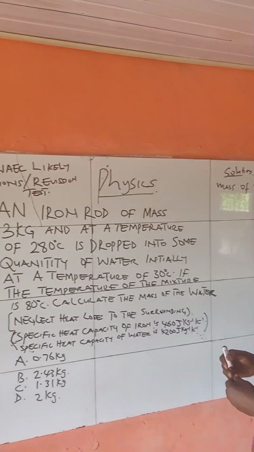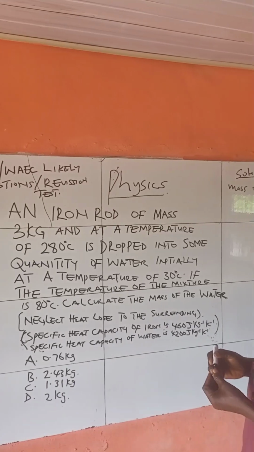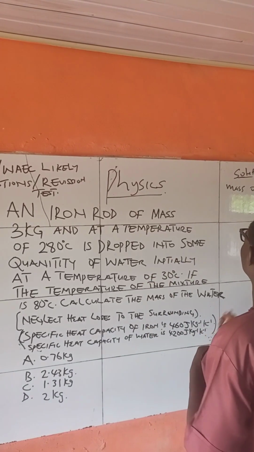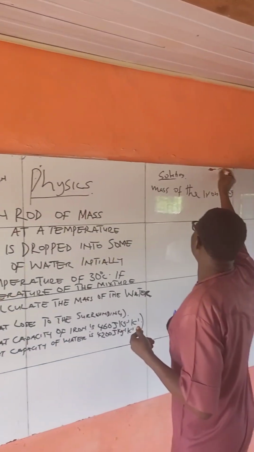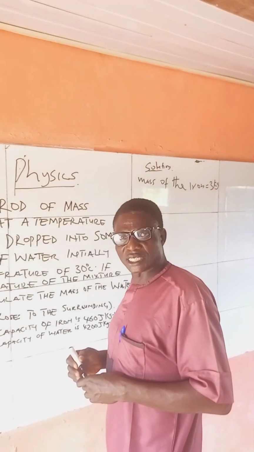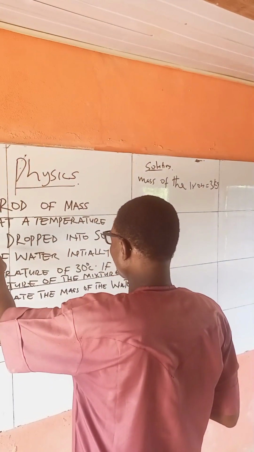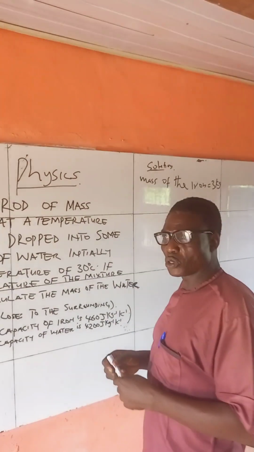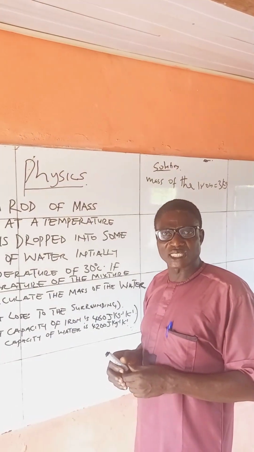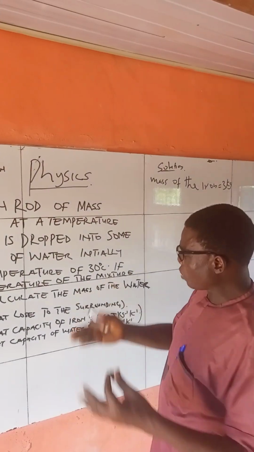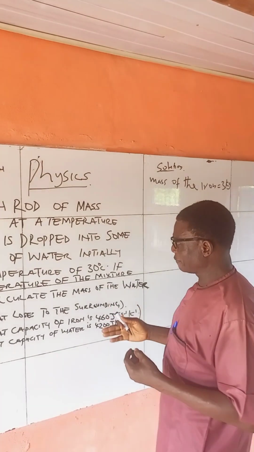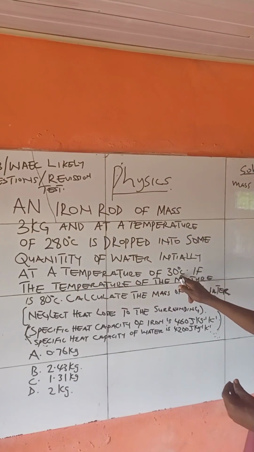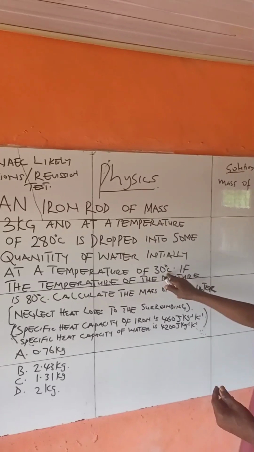Not only that, we have three temperatures. In physics, we use theta to represent temperature. The first one we have is 280 Celsius, but that will not be our theta 1, because we have theta 1, theta 2, and theta 3. The question says an initial temperature of 30 degrees, that's the temperature of the water.